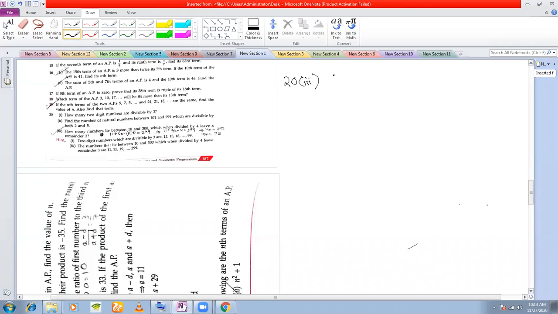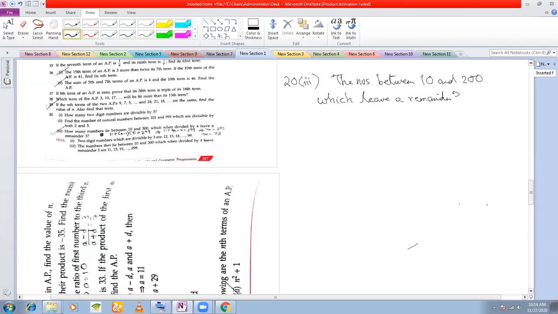So how many numbers? What are the numbers? The numbers between 10 and 200, which leave a remainder, not 4 but 3, which leave a remainder 3.